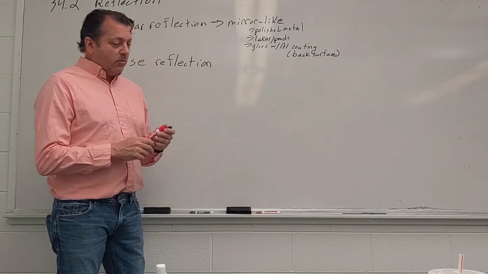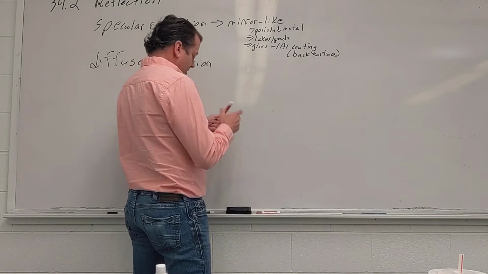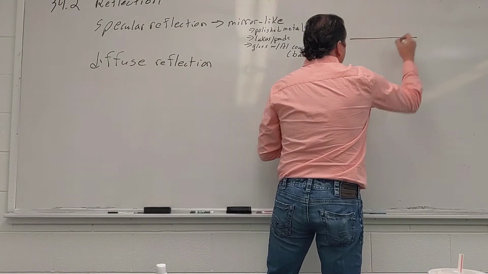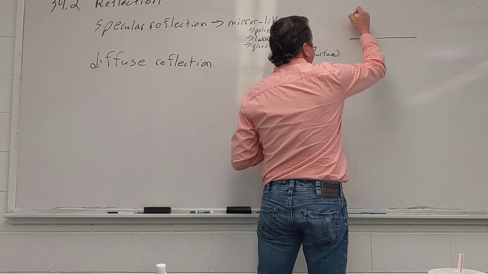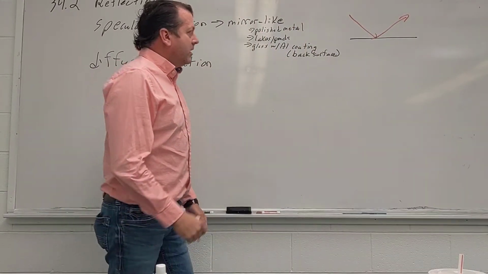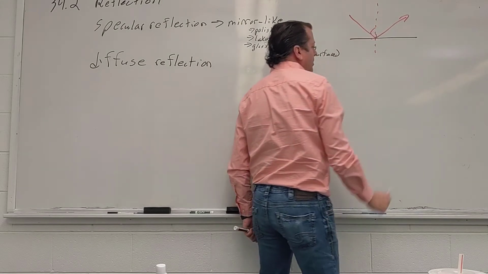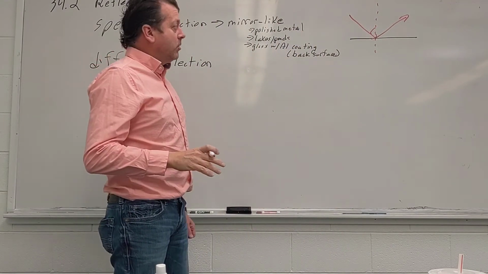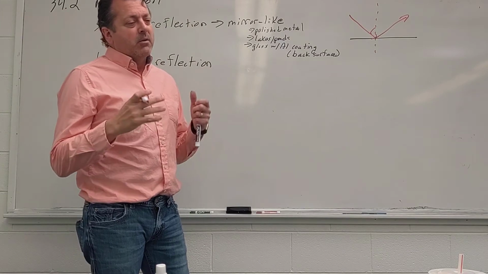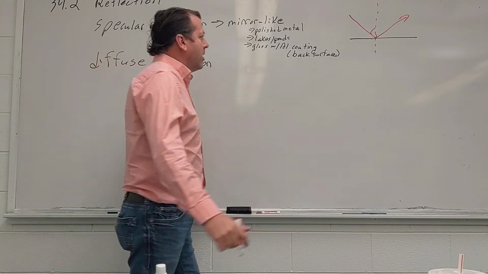Now, one thing we can say about this, if it's specular reflection, is that when light comes in, it goes back out just the same. And what we'll say is, with respect to the normal. Now you could do it the other way, but we're going to do this with respect to the normal because of things going forward with the model.